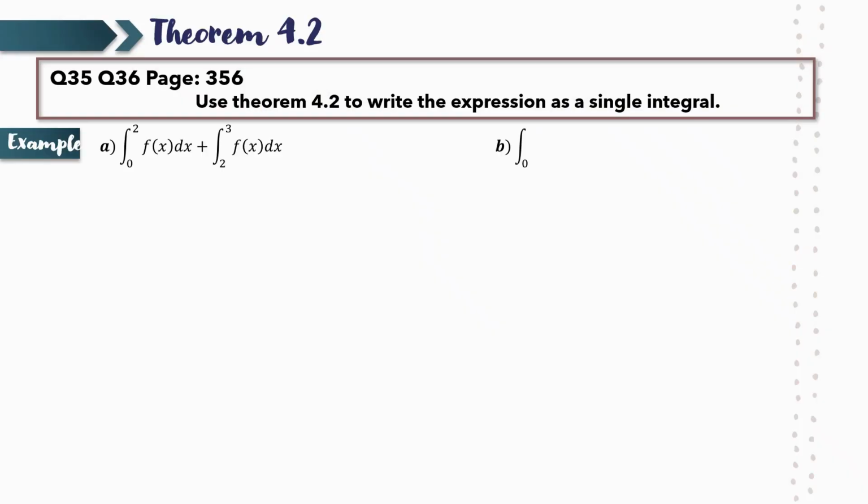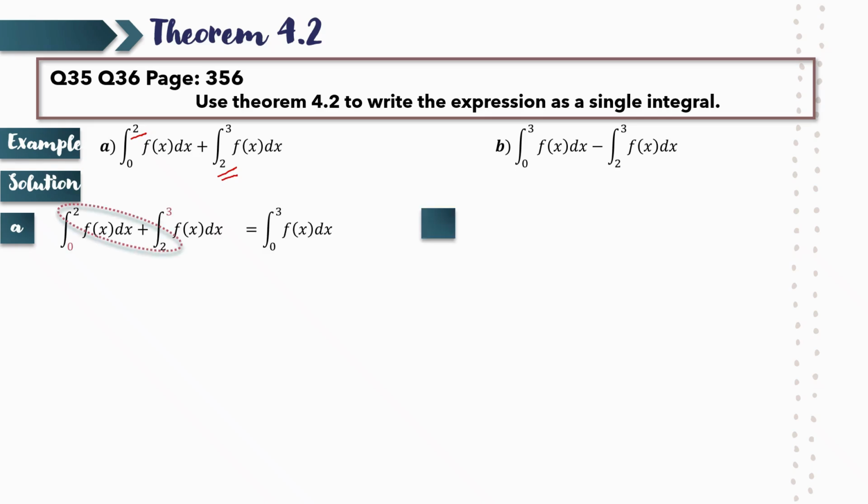Now let's do some extra questions. Here you can notice your upper limit and your next term's lower limit are the same. So it's nothing but the integral from 0 to 3 of f of x dx. When you look here, a negative sign is introduced.